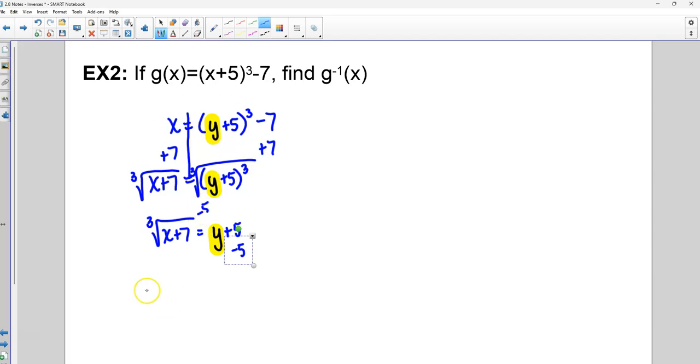Whenever we write it, let's go ahead and switch back to g inverse of x. When you write this, make sure you do the cube root of x plus 7, and make sure your 5 is over here outside of the root.